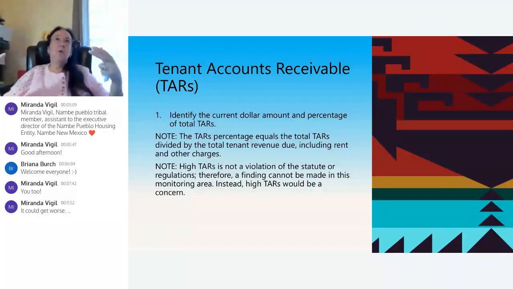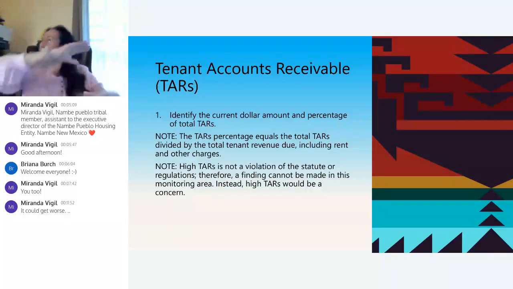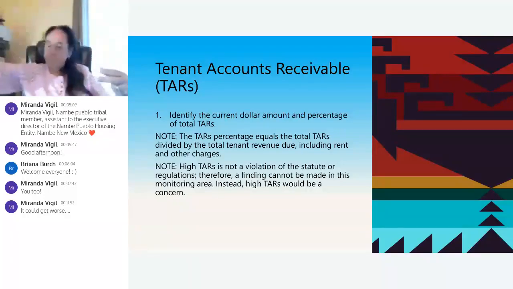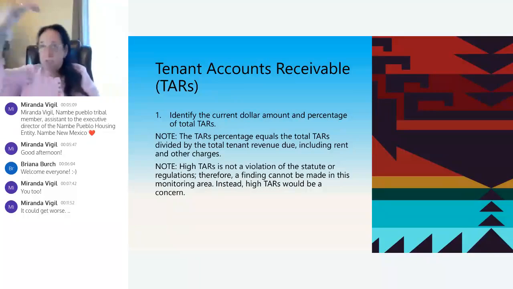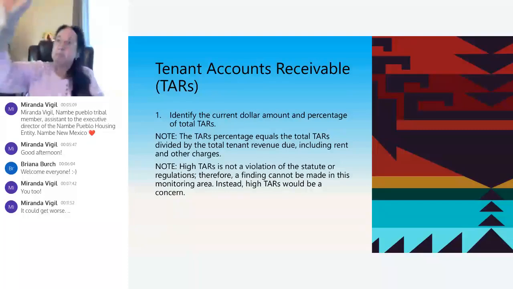So for your tenant account receivables, you need a good collection policy, and you need to follow it. You follow it regardless of who it applies to, unless there's an agreement in place, a payback agreement or something. You just do it. It doesn't matter who you're talking about. You do it blind. This is what happens on this day.